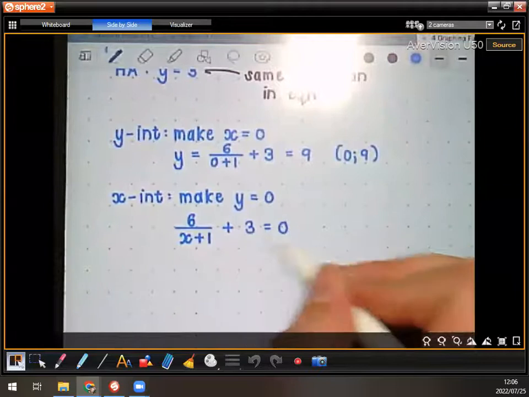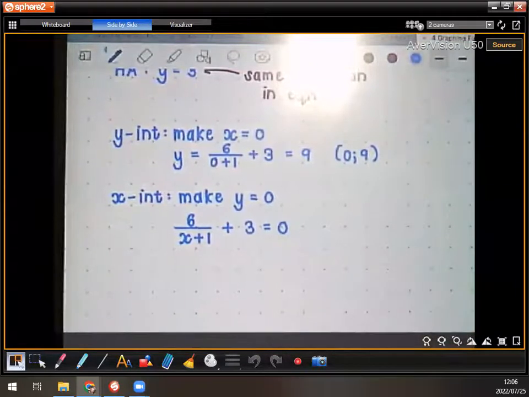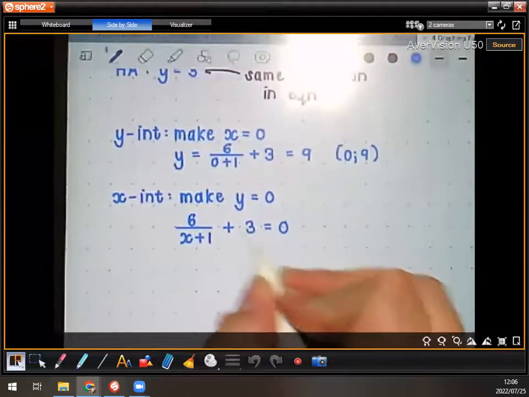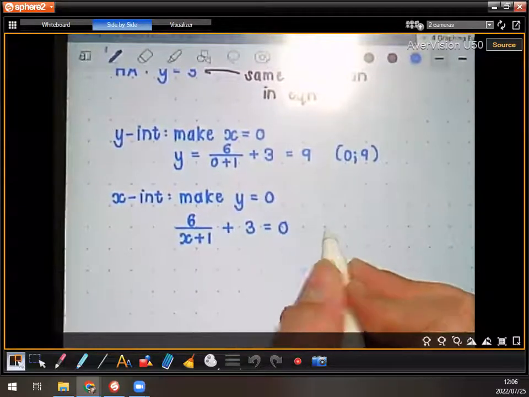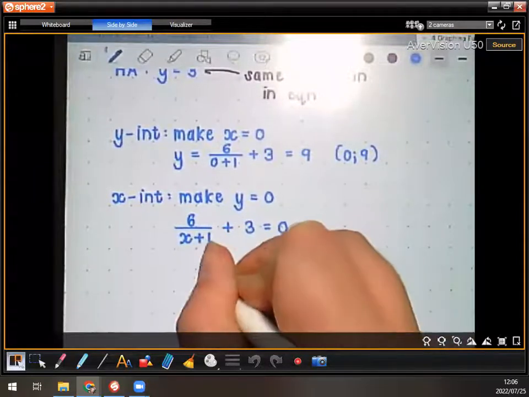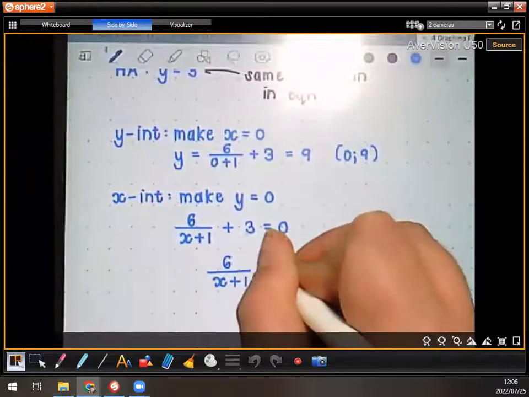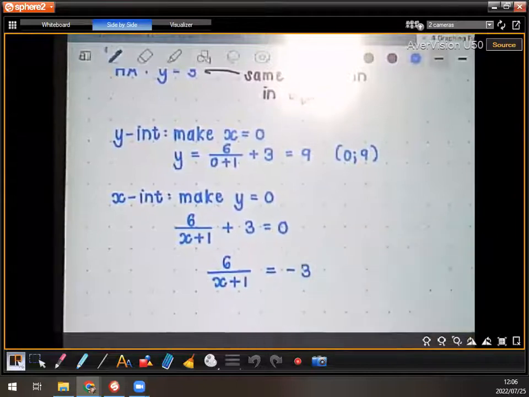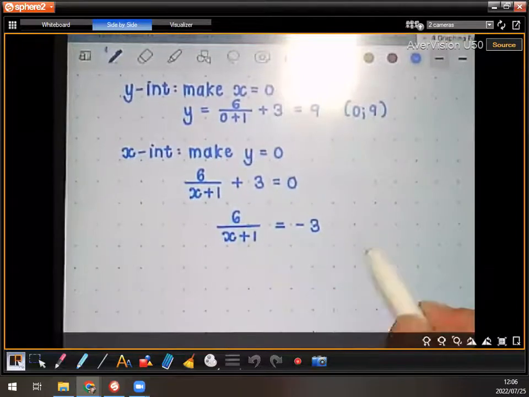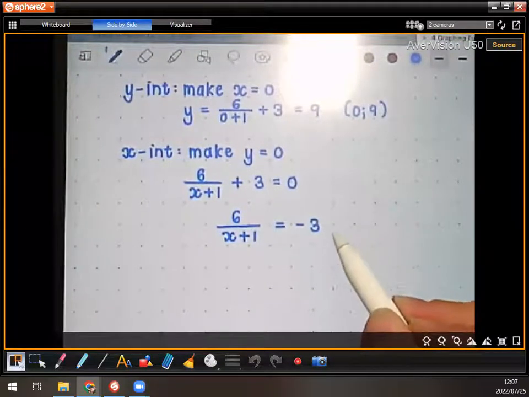So first we need to move this, and then we might have to do some more work on that. Okay, so the plus 3 we're going to move, it's going to become negative. Okay, so we're going to have 6 over x plus 1 equal to negative 3. Now we need to multiply this x plus 1 out of here. Okay, so I have a negative 3 there already.